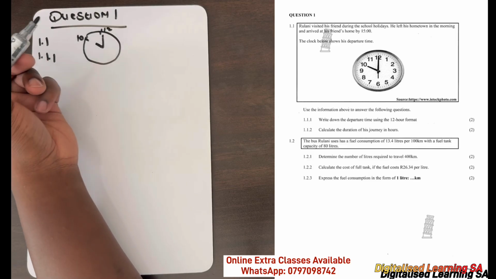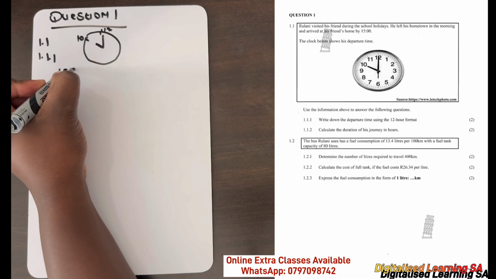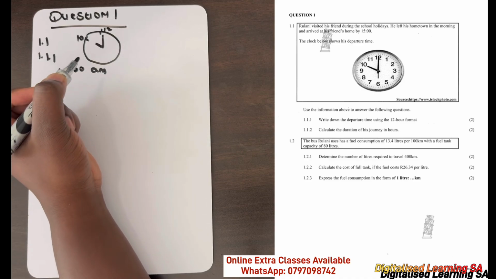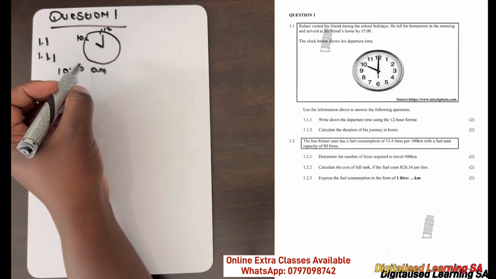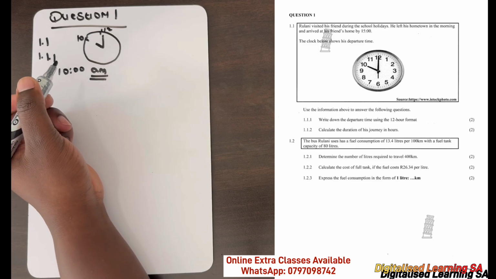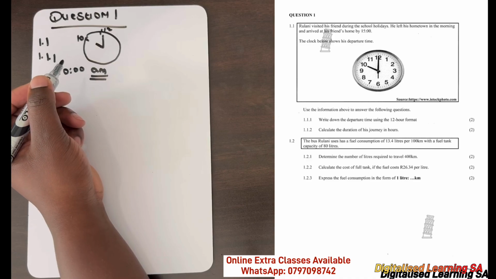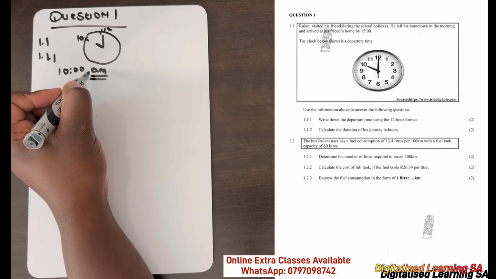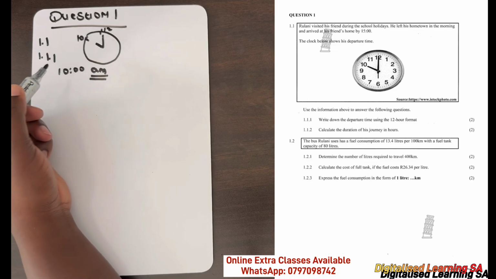So we can easily see that the time is 10 a.m. in the morning. Remember, we are told that the clock shows the departure time. That's why we are able to see that the time is in the morning, because our statement says that he left his hometown in the morning. That's why we are able to distinguish between AM and PM, meaning that our time will be 10 a.m.